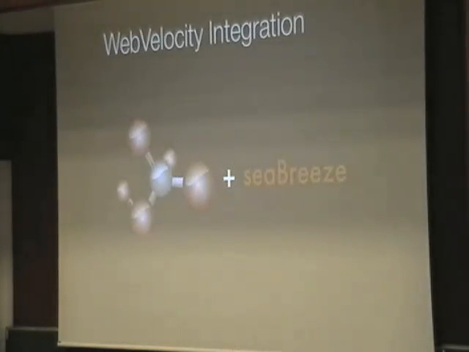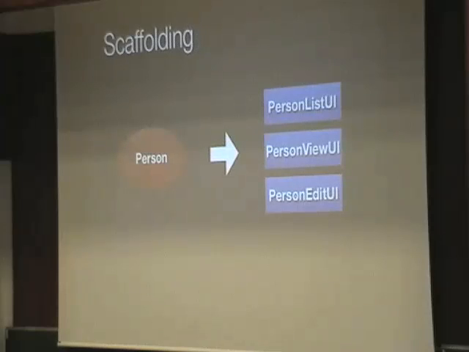Web Velocity from Cincom, you probably saw the presentation this morning. It was pretty good. There you got objects and the views are created for you with scaffolding. So you got a person, and you got a view UI and an edit UI. If you want to customize the look of these UIs, you have to use convention to render object, render name.